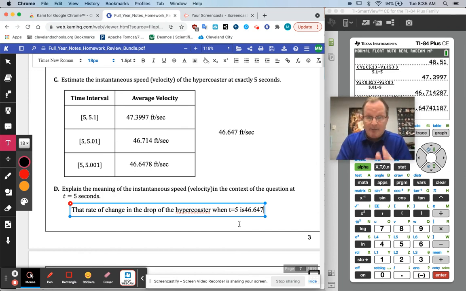So you could say is about. That's a good idea. So I'm going to do that. Is about 46.647 feet per second. Yay. All right, boom.